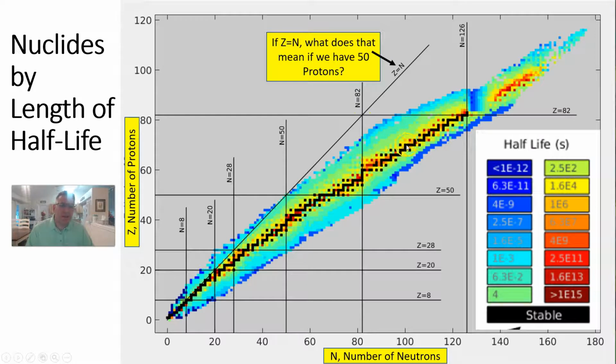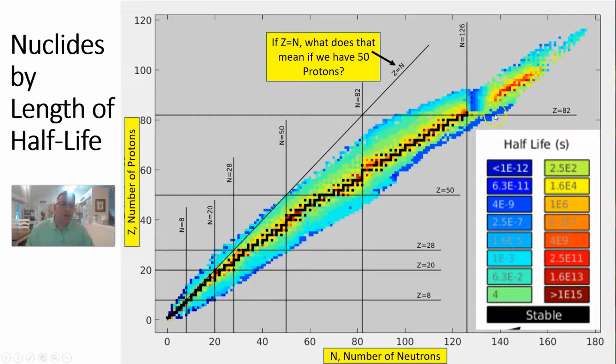Once again, if we look at this right here, atomic number 82, this is lead. Look at all the different isotopes. As we run this line laterally, or horizontally, we have all those different isotopes for lead.